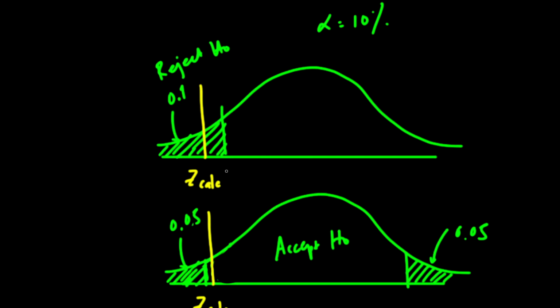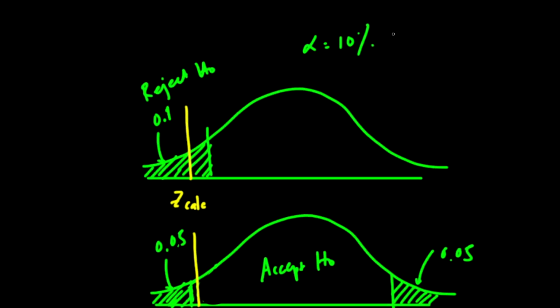Okay? So nagme-make sense ba yun? Parang, if you really think about it, etong alpha of 10% ng left tail is similar to a two-tailed test where alpha is 20%. Parang gano'n.